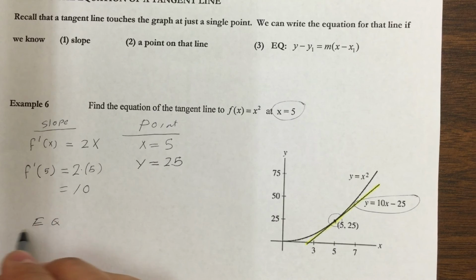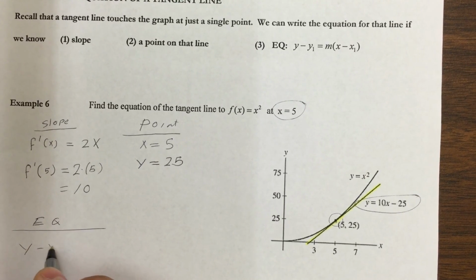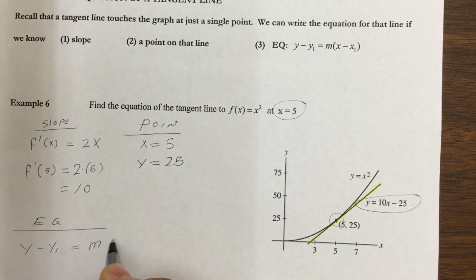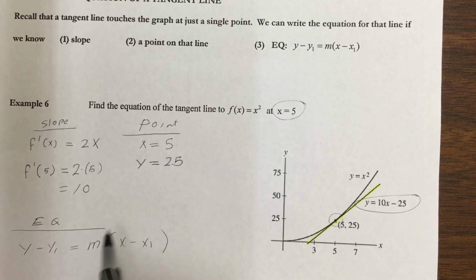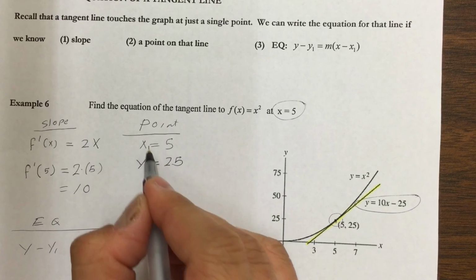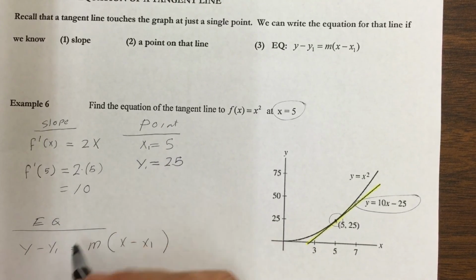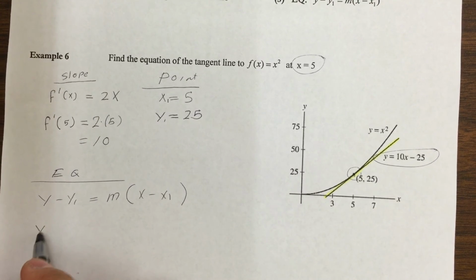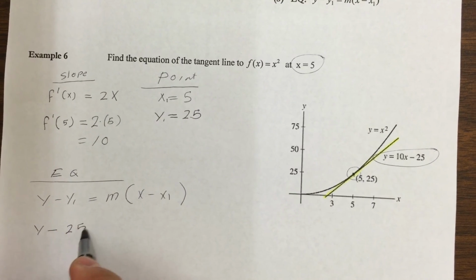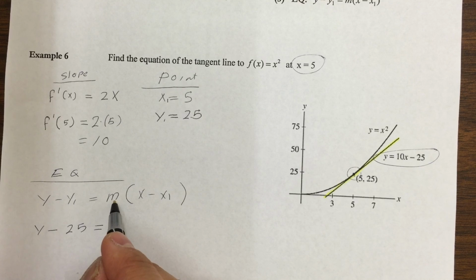So the equation is y minus y1 equals m times x minus x1. Now your y1 and x1 are these values, so you take those and you plug them in in the appropriate order. Your m is your slope, so replace that with the number 10.